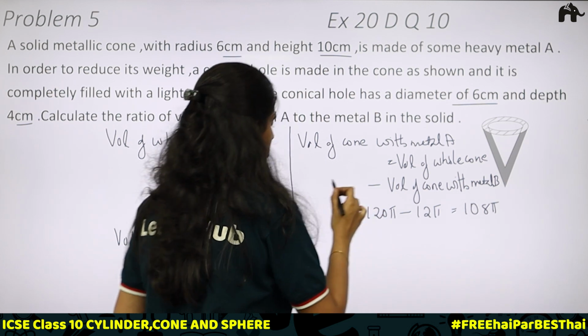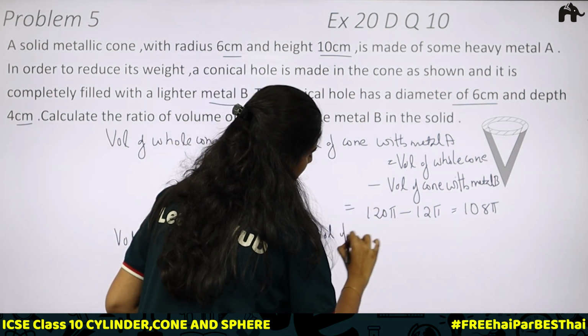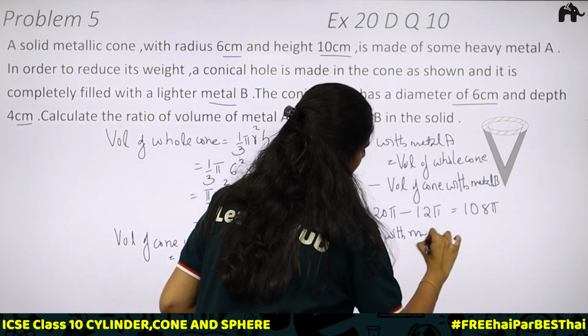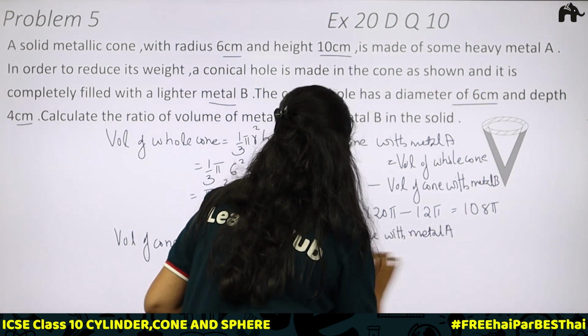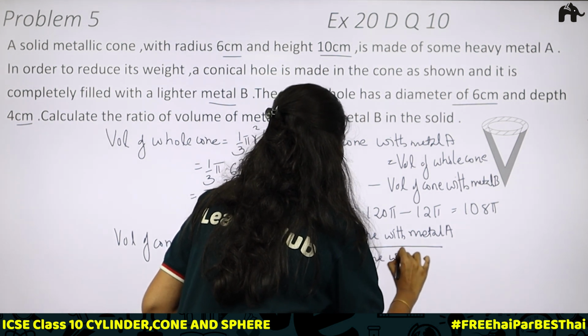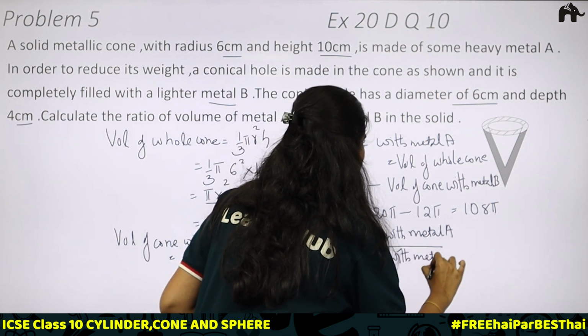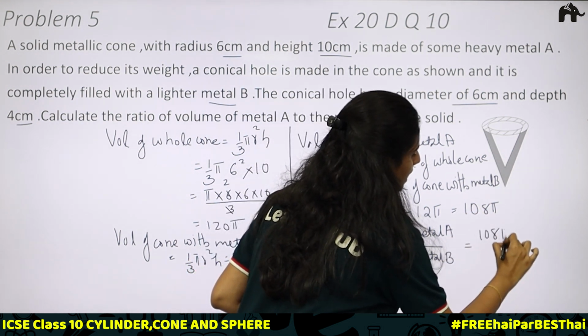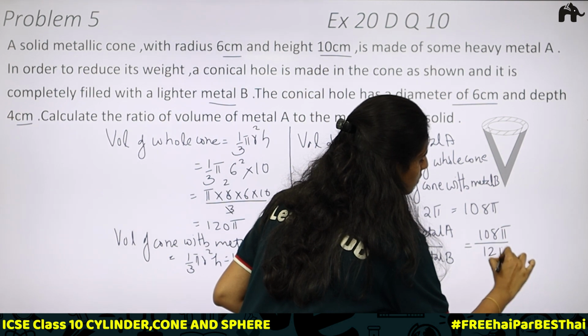Now we can find the ratio. Volume of cone with metal A divided by volume of cone with metal B is equal to 108 pi divided by 12 pi.